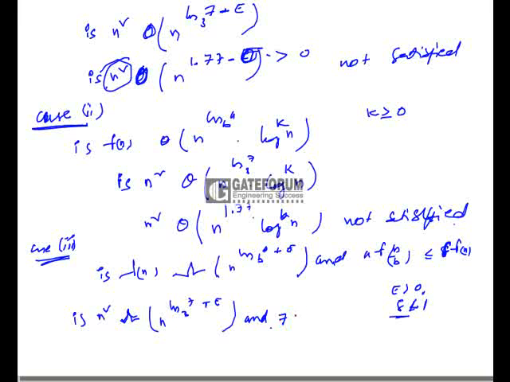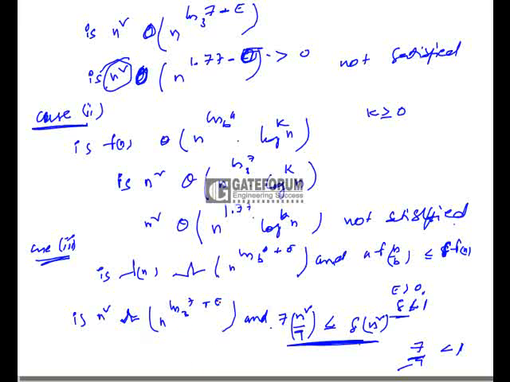A is 7, into f of n by b, where f of n is n square, so f of n by b is n square by 9. This should be less than or equal to delta into f of n. So here we can take delta as 7 by 9, which is less than 1. So this condition is satisfied.